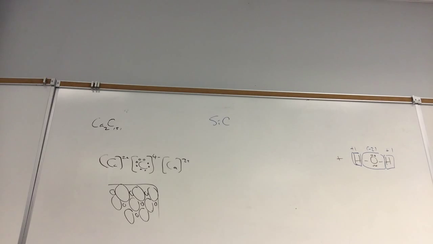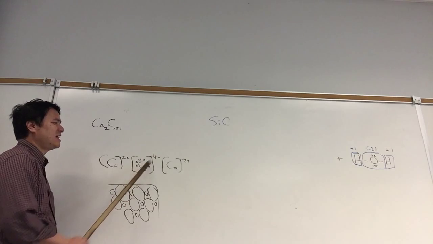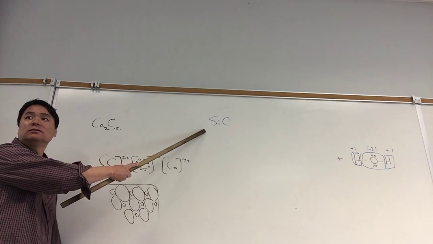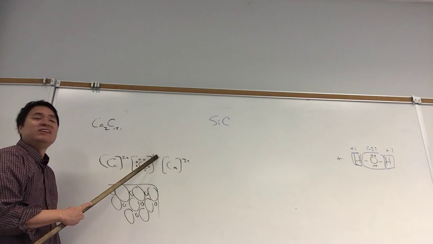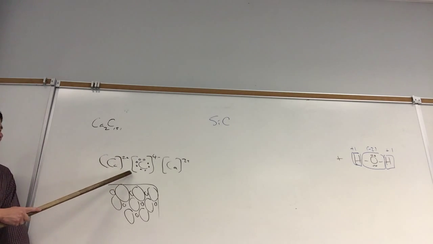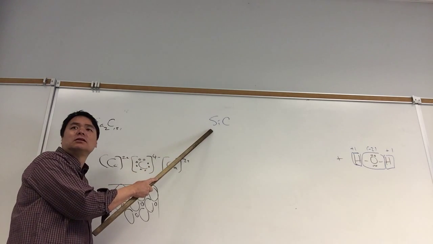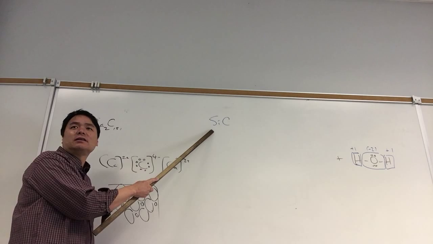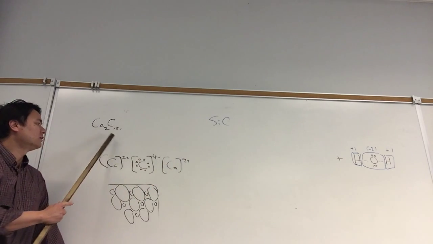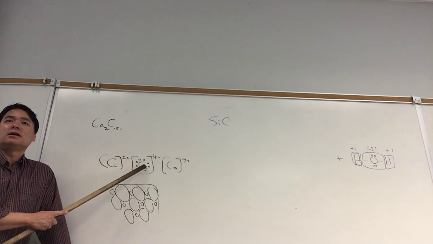If carbide's unstable, why would they use it in silicon carbide? Because of this. Calcium carbide is ionic, whereas silicon carbide is covalent. And so silicon carbide doesn't really have nearly the -4 apparent charge that calcium carbide does.